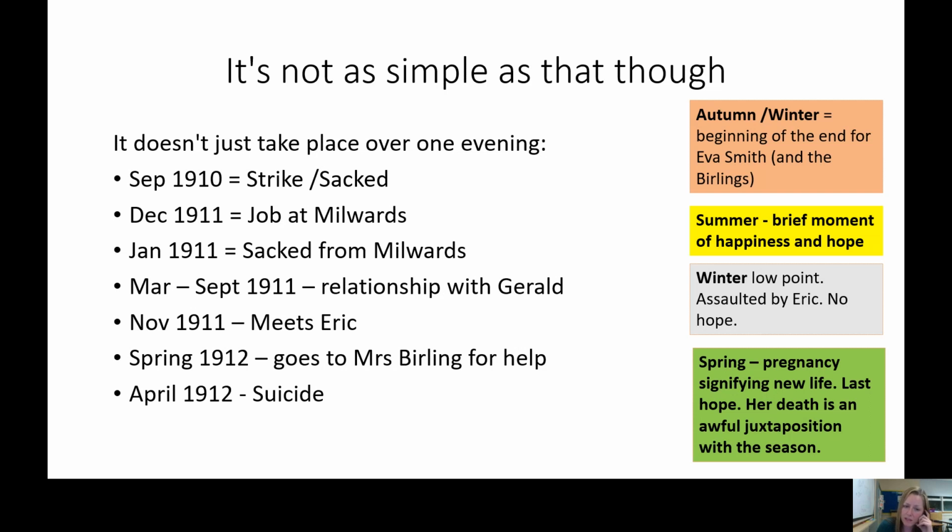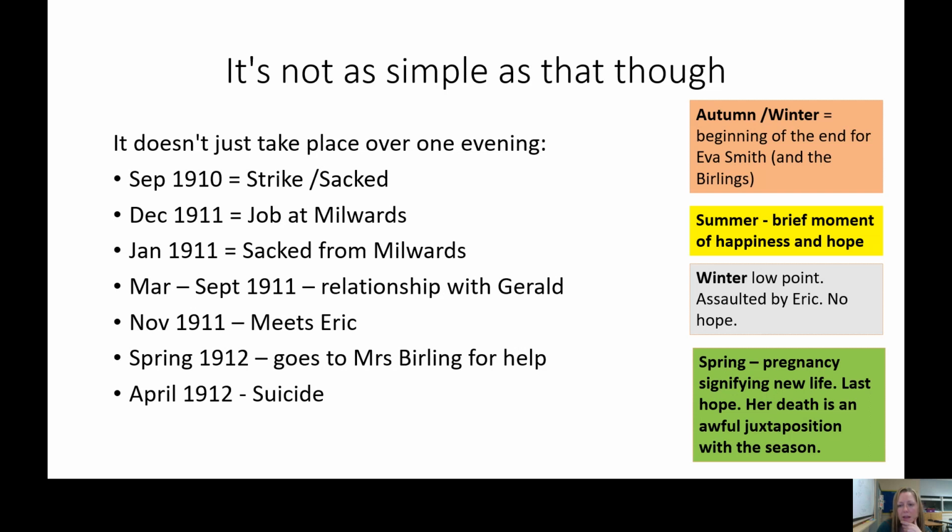But he does provide her with a period of happiness, and he does provide her with the basics that people need in life to survive and to thrive. He gives her a roof over her head, and he provides her with some money, and she can eat and things like that. And I know that we condemn Gerald's use of her and that he is perhaps manipulating her and controlling her, but things are better for her then. So it's a brief moment perhaps of happiness and hope for her.